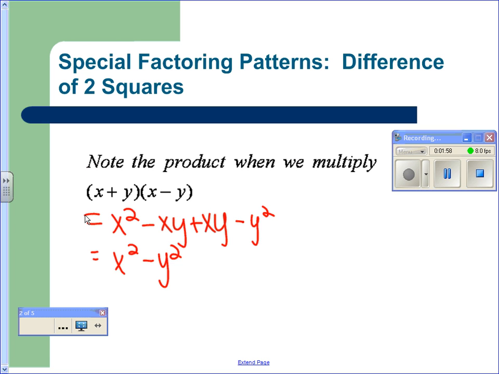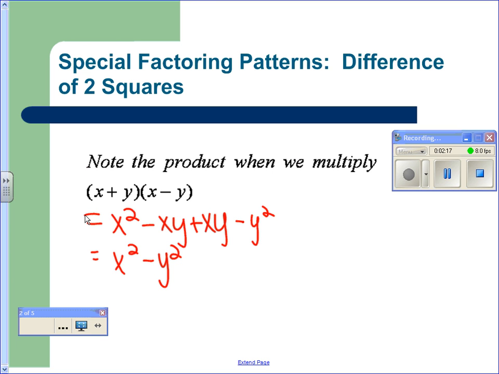X squared minus y squared. So you can have something where it says x squared minus y squared, and if it asks you to factor it, it's x minus y times x plus y. Does that make sense?